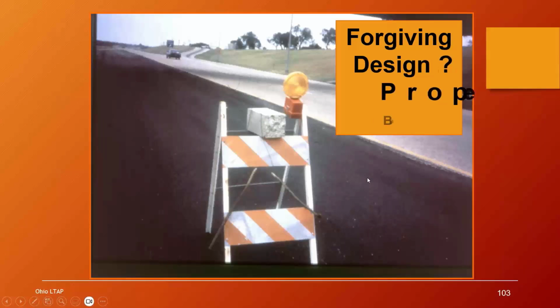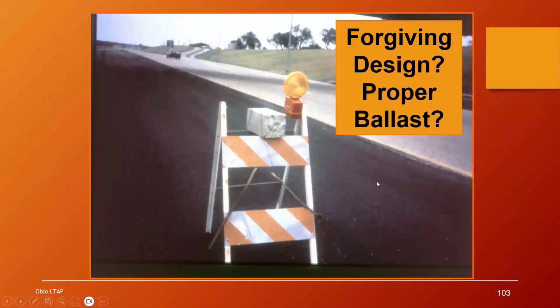We do not weight our barricades down like this picture. That's not a forgiving design, and as you can see, if you crash into that device, that concrete chunk's going to come flying through the windshield, right? So that's not the way to do that.